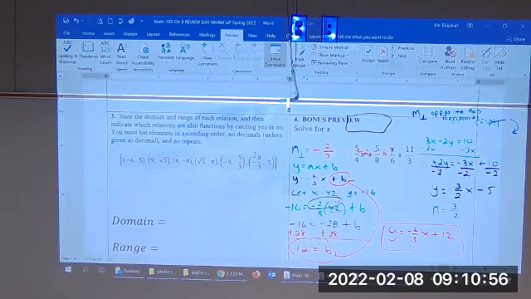If it's not a function, it's because one of the domain elements repeated itself. One of the x's is in 2 separate ordered pairs with different y's. X cannot repeat if it's a function. So if you have an x that's the same in one of those ordered pairs, you don't have a function. If all the x's are different, then yes, it's a function.